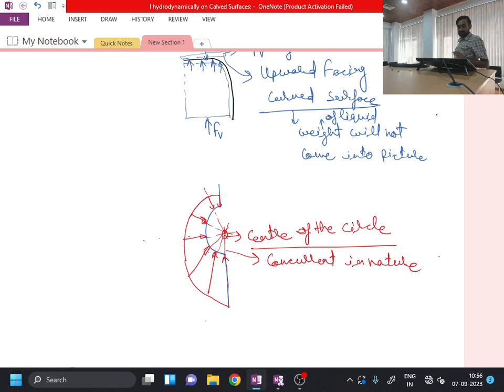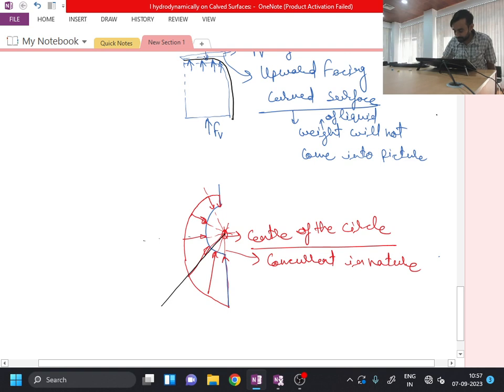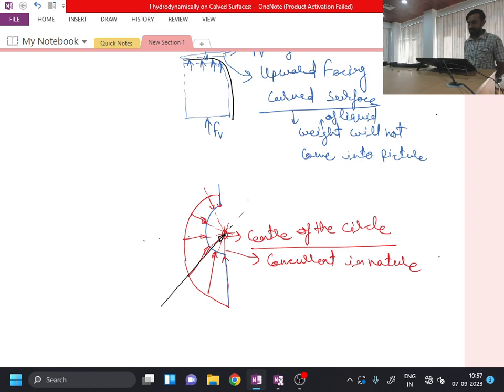Yes, correctly answered. Seeing the distribution of the pressure, because in deeper portions the force is actually more, the line of action of the force will be somewhere over here. However, it must pass through the center of the circle through which this arc of curved surface is formed. So this is one important point.